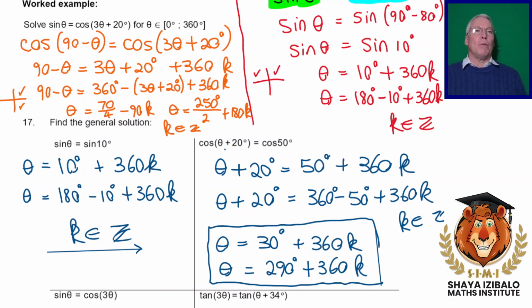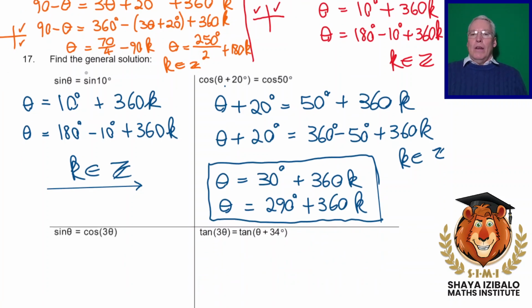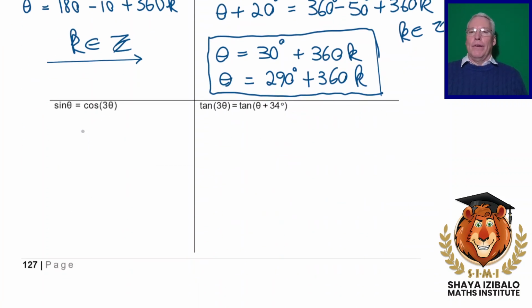Let's just summarize what we've done here. When we have sine and cos in the same equation, we change one into the other with the co-ratios. And then we generate our general solution. If we've got sine equals sine, and I'm going to summarize it for us over here down the bottom.